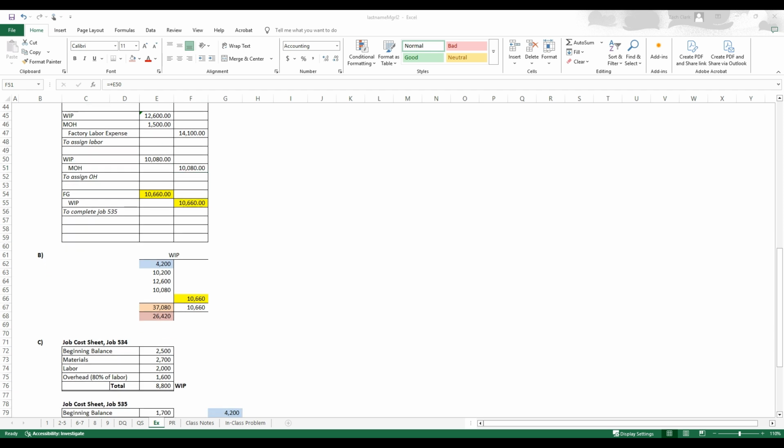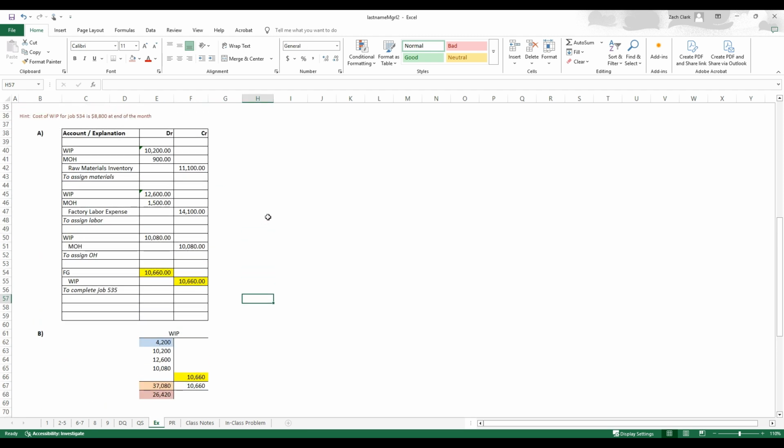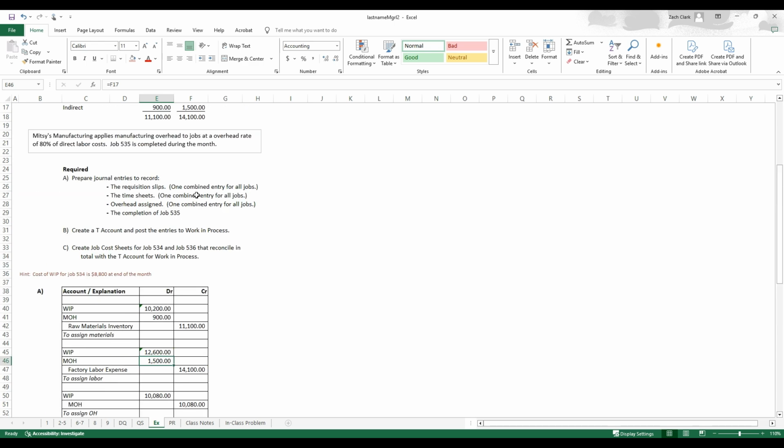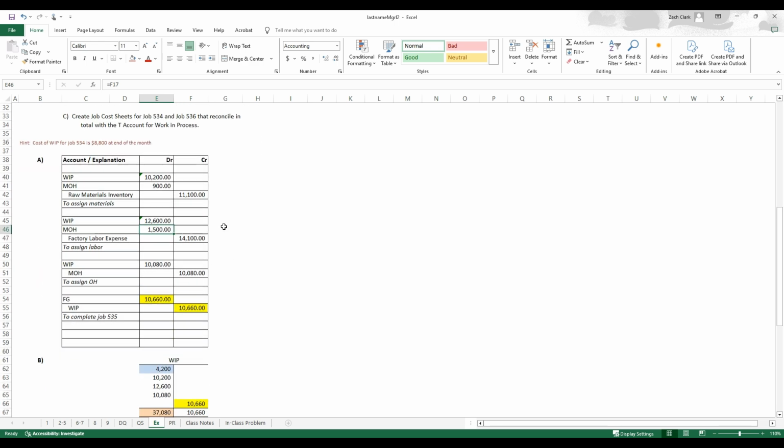So, okay, I think that gets us to the end of the problem. We've assigned our raw materials into WIP, with a portion to overhead. We've assigned some of the labor, with a portion to overhead, and that tells us that's the indirect piece.